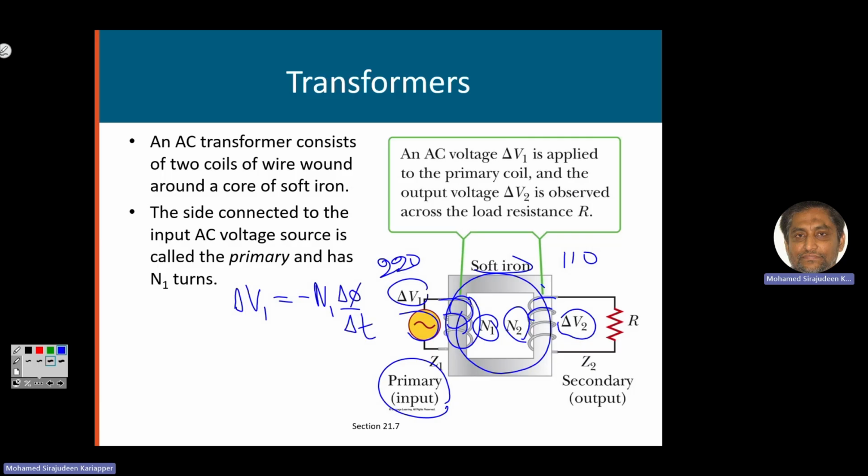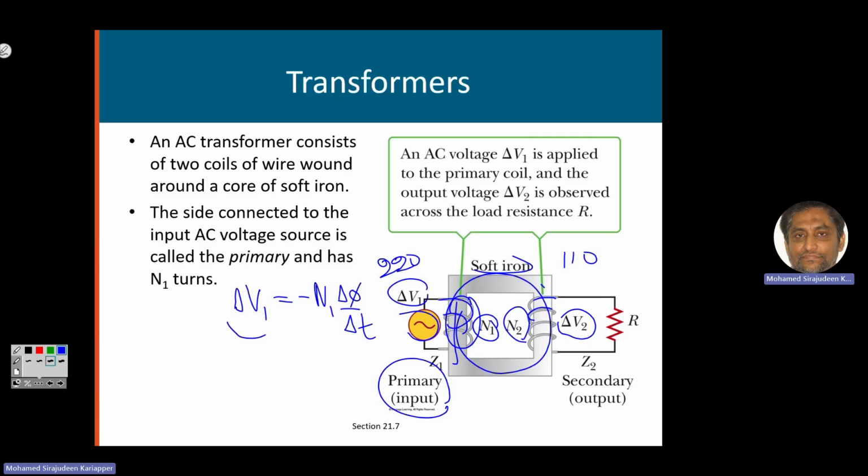The rate of change of flux through this coil multiplied by the number of turns will be equal to the source voltage, because it will just oppose it. There will be a back EMF which is trying to stop the current. So the potential difference across the coil will be the same as the source, and it is given by the flux change through the coil multiplied by N1.